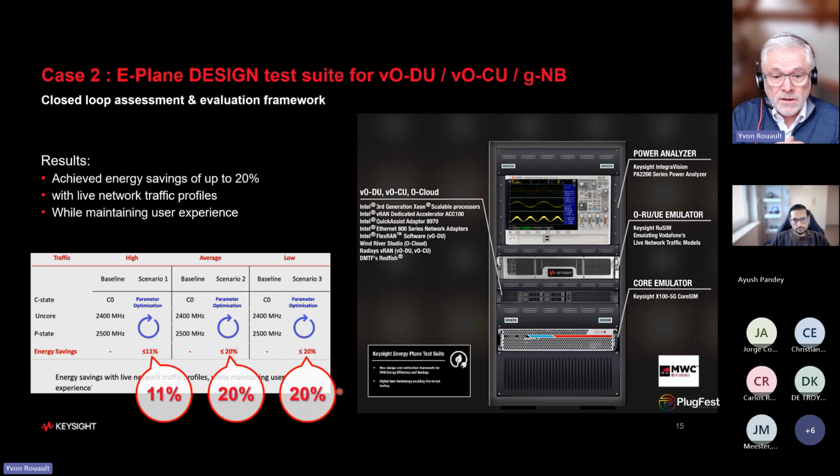Actually, in this particular case, the C state and the P state were not manipulated by us, but by an energy efficiency application running on top of the CPUs, looking at the traffic level and the processing level and optimizing the configuration of the CPUs in real time. And at the different traffic levels, high, average, and low, we could gain a very significant energy saving.